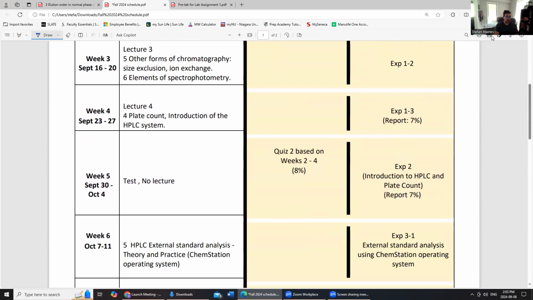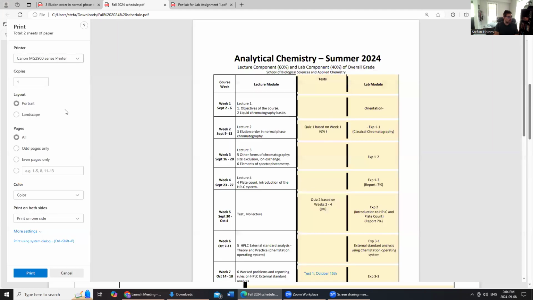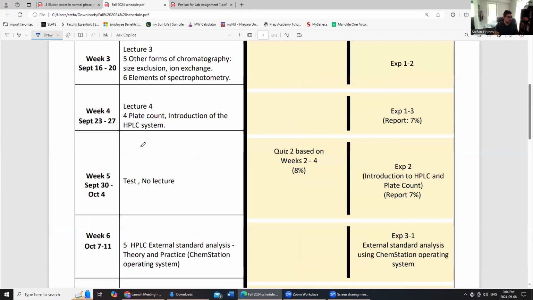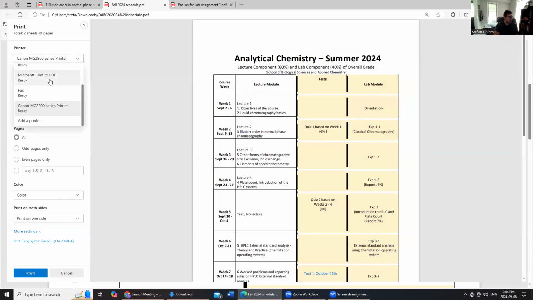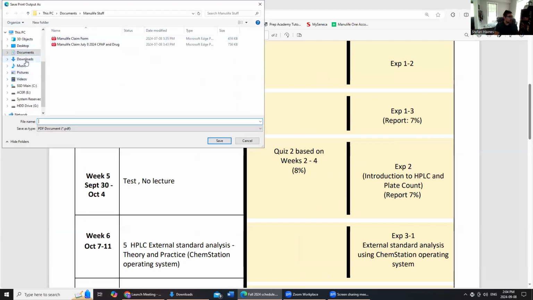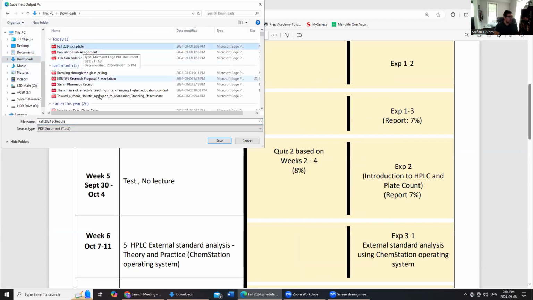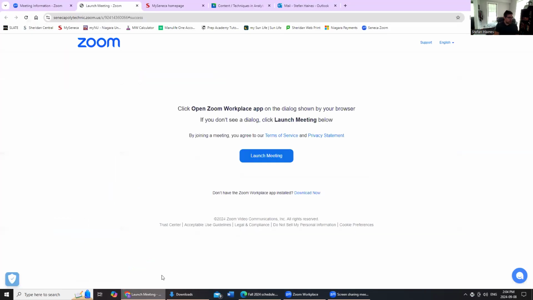Okay, so I'm going to save that as the fall 2024 schedule for Techniques in Analytical Chemistry. Oh, whoops, it thinks I'm going to put it on the actual printer. There we go. And I'll repost that as we go.